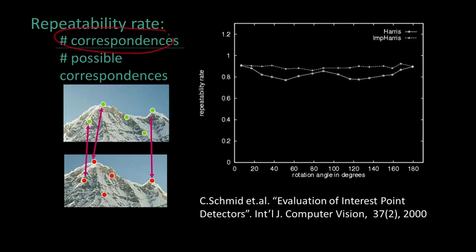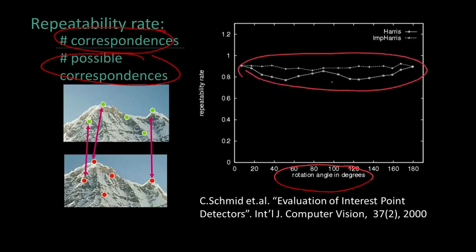So the number of correspondences that were found versus the possible ones that you should have found. That is, how repeatable was the ability to find the same corners. And as you can see here, as they varied the rotation of the picture all the way up to 180 degrees, you've got pretty good results. By the way, imp Harris is improved Harris. But you can see that both Harris and the improved Harris are pretty invariant with respect to rotation.